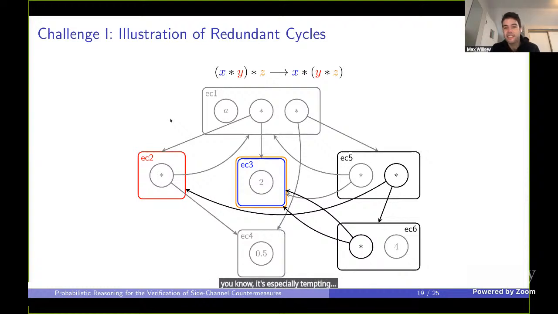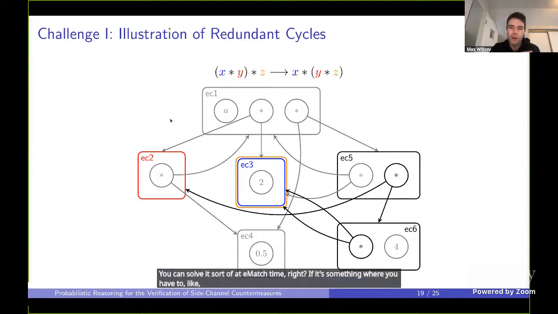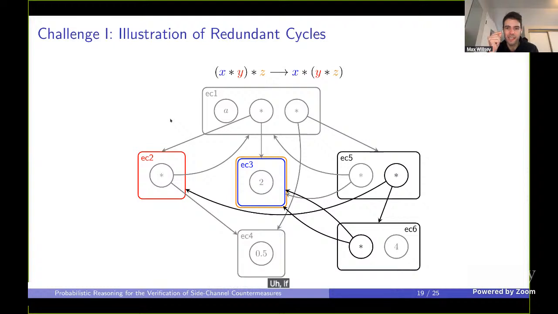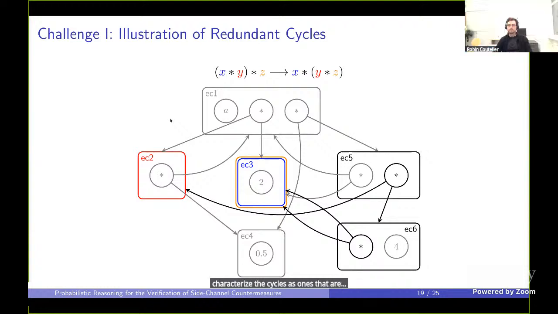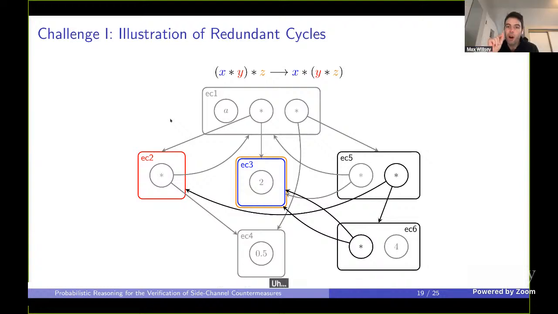This is a very exciting potential solution if you can solve it at e-match time. If you have to post-analyze the graph and do cycle breaking, that sounds harder. But if you can characterize the cycles as ones that are smaller than the e-matching patterns, then maybe this is very good.